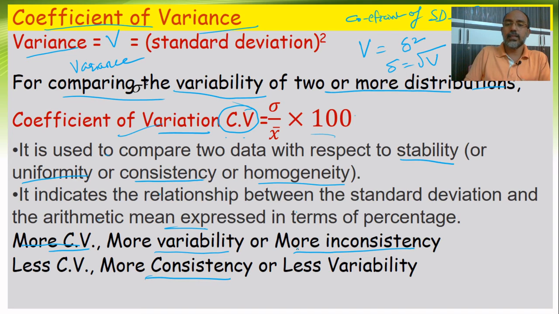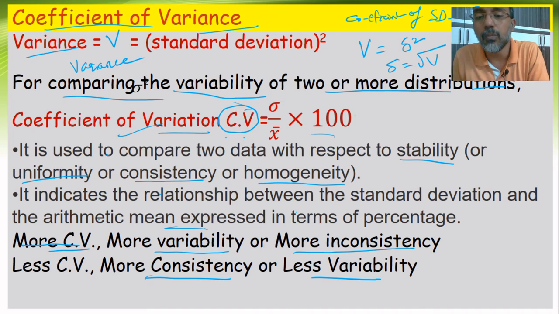So in the data sets you need to identify the lesser CV value and comment that it is consistent data, having less variability and more homogeneity.